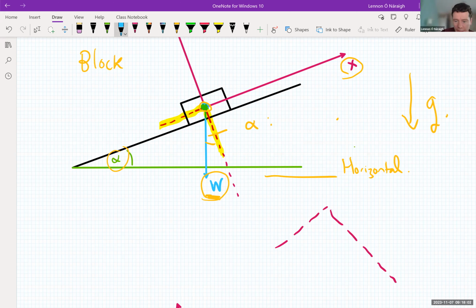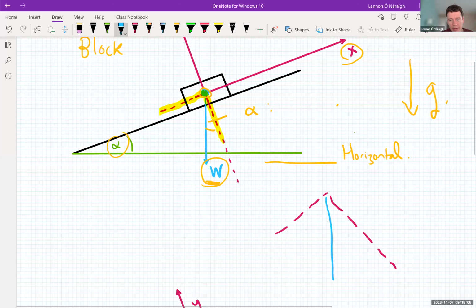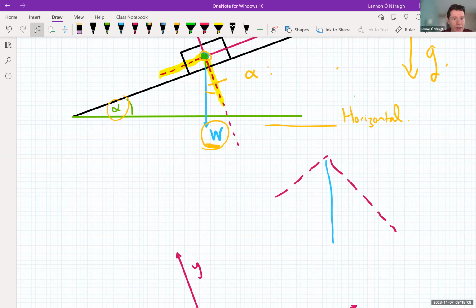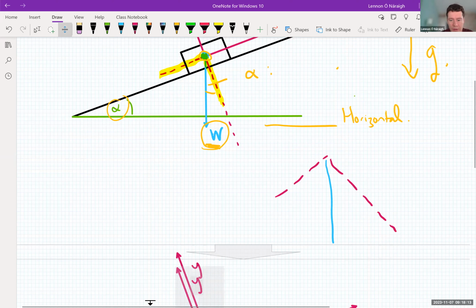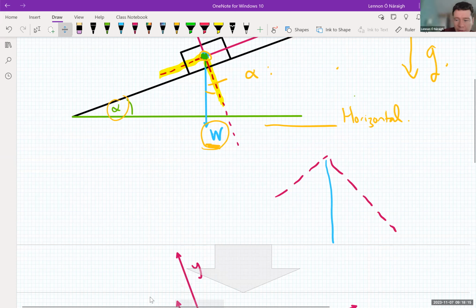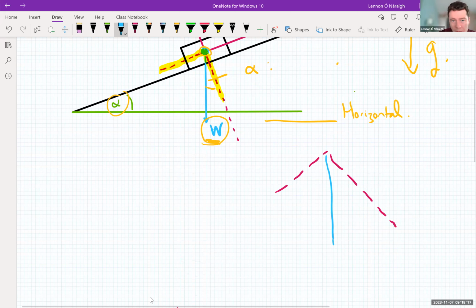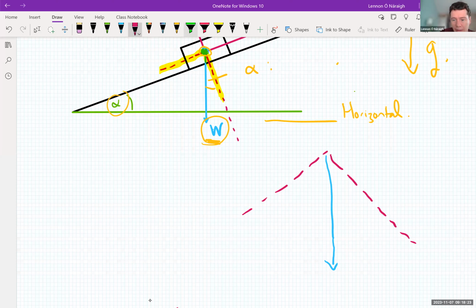I had my weight vector, which is down. This angle in here is alpha.